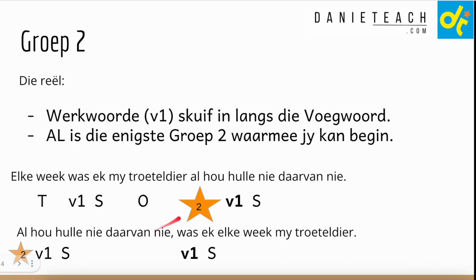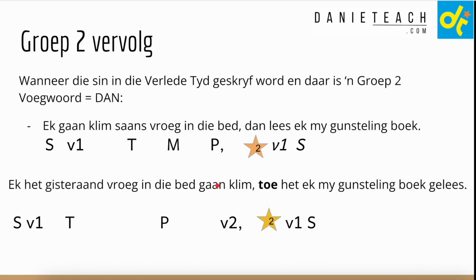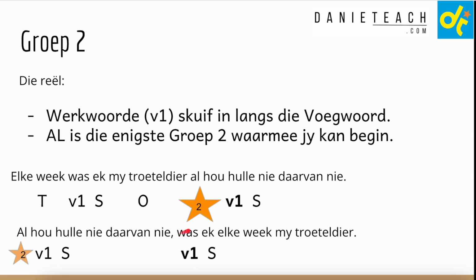So imagine you take the group 2 conjunction and you place it in the middle of the two sentences and you apply the rule of the verb 1 that goes next to that conjunction. Imagine you take that sentence that you just did the rule application on and you move it to the beginning and you start with that and you leave it as you placed it with the verb following the group 2 conjunction.